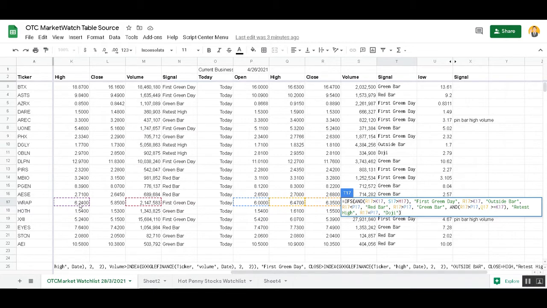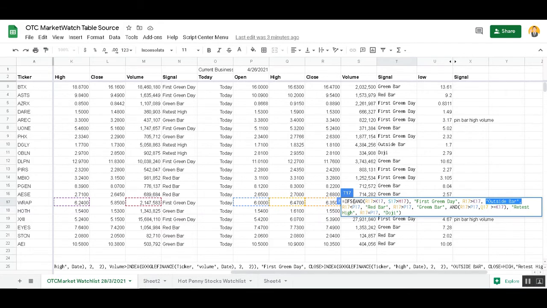Then R17, which is the closing price of the current day. So the closing price of the current day has to be more than the high of the previous day. So it's 6.35, definitely higher than 6.25. So that's why we have outside bar. This is only one criteria.